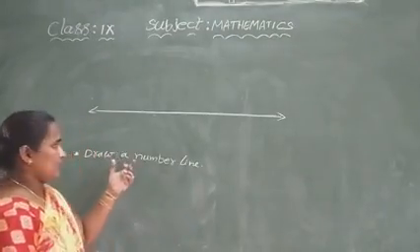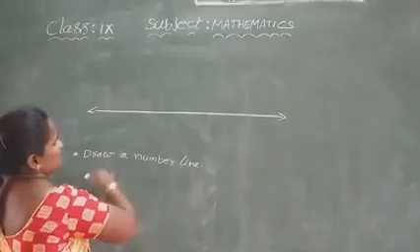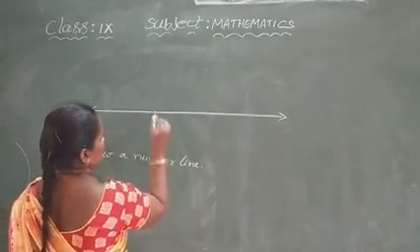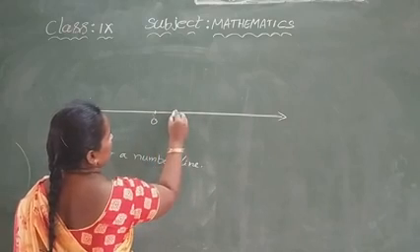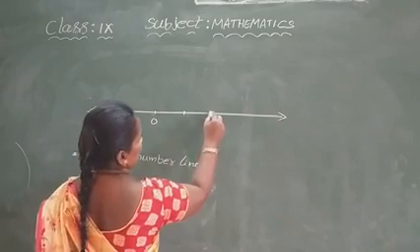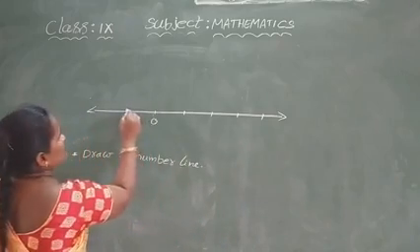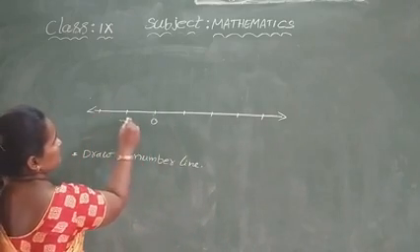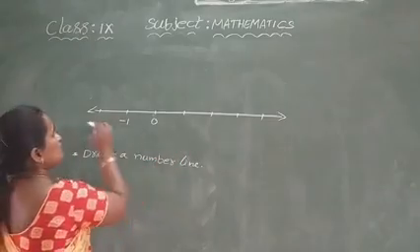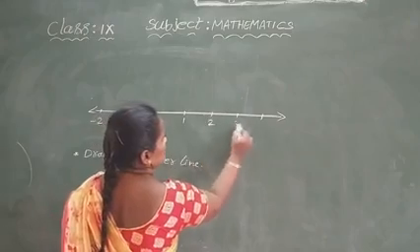First of all, we draw a number line. Then each unit is at equal distance. This is minus 1. The left side of 0 is negative numbers, and the right side of 0 is positive numbers.